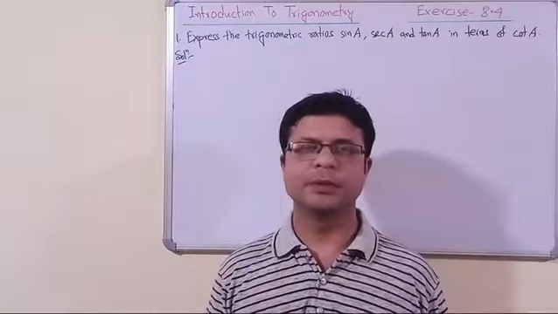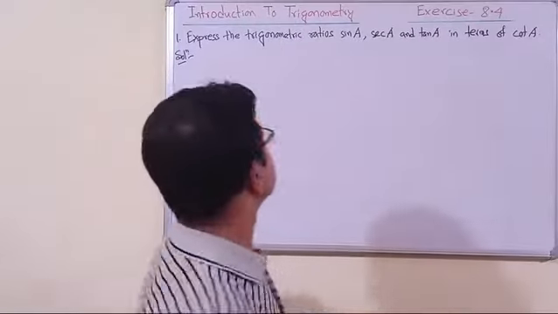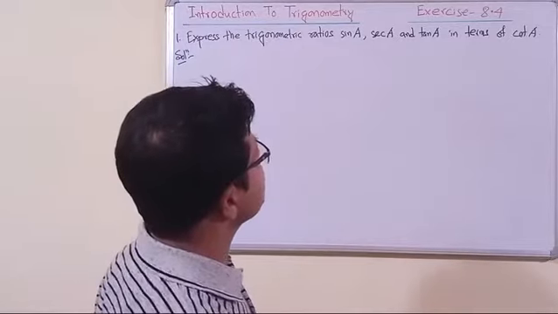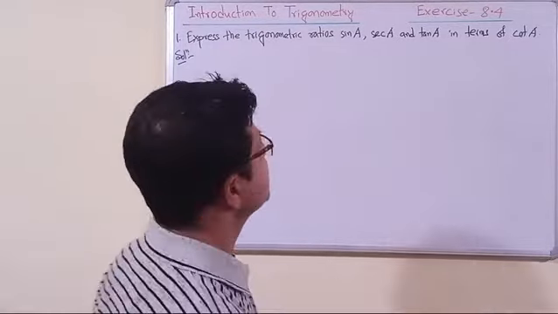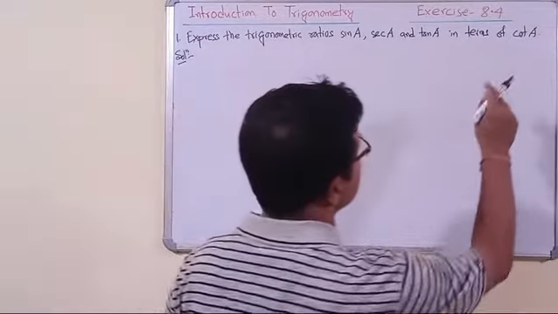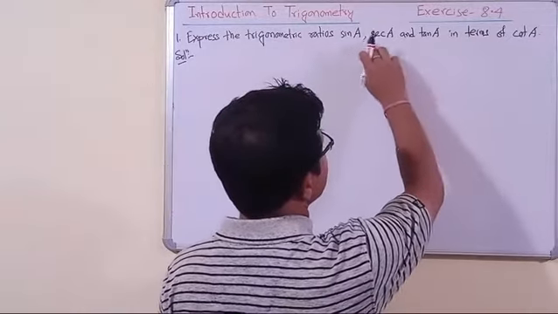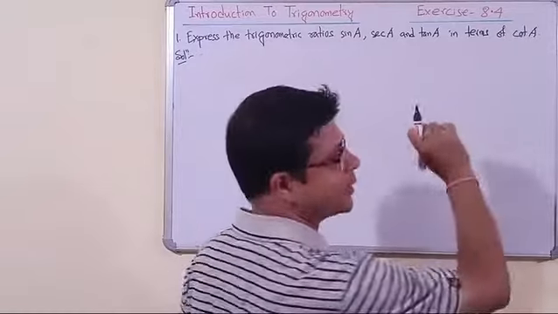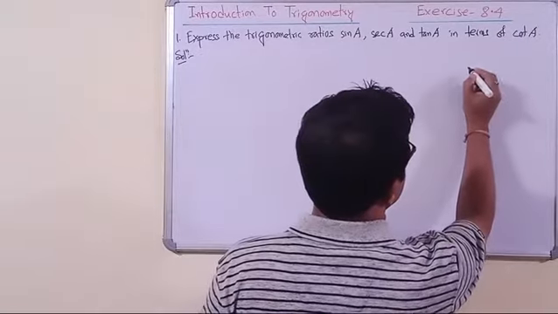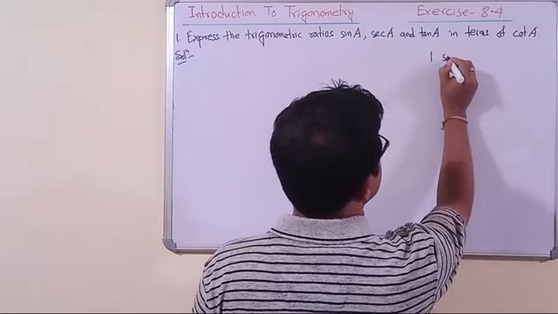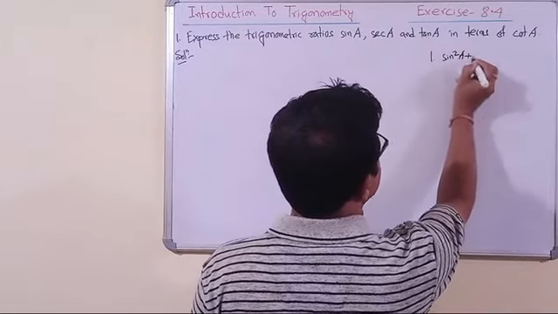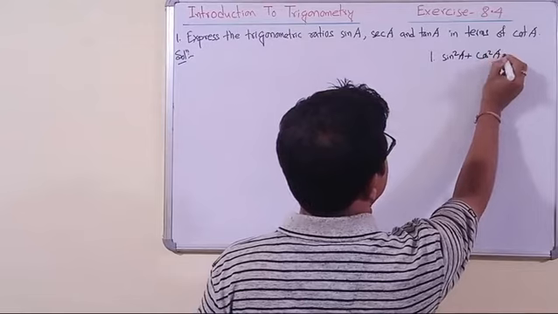Alright students, we have taken question number 1. Let us read the question. Express the trigonometric ratios sin A, sec A, tan A in terms of cot A. So here we have to convert sin A, sec A and tan A in terms of cot A. How can we do that? See the relation. Let us write these identities. Sin square A plus cos square A is equal to 1.